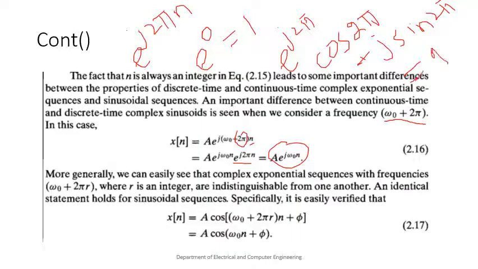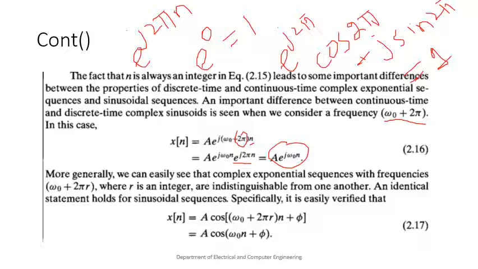So this will again become 1. So this is important: in discrete time, when we add 2 pi to omega naught, that is our angular frequency, this will become indistinguishable. So after 2 pi, we cannot differentiate between the signals.